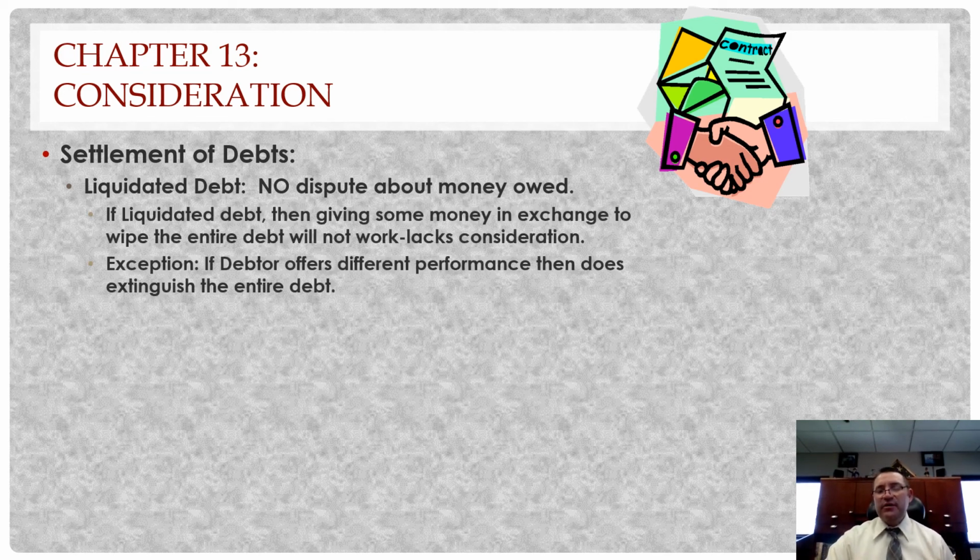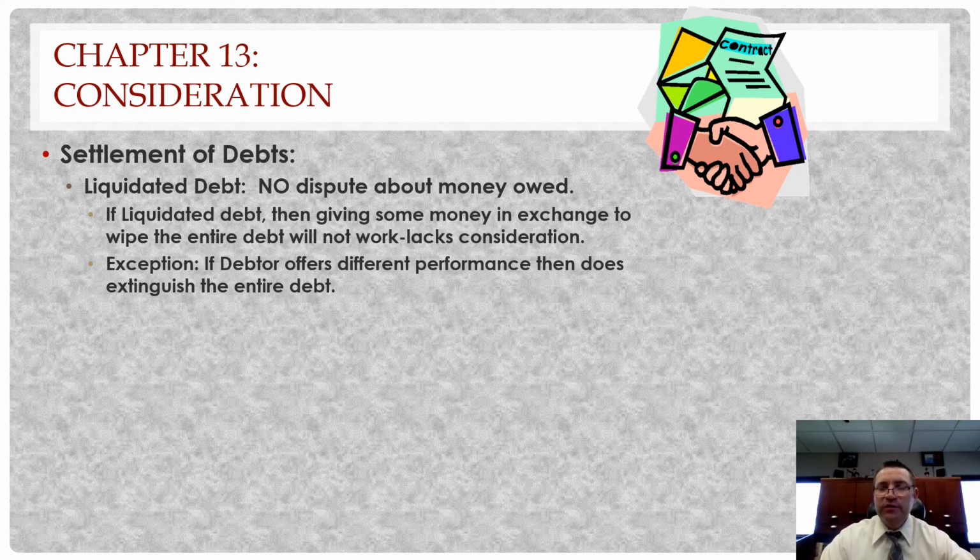This is where I talked earlier about situations in which the court will consider past consideration, debt, as a form of consideration for a new contract, right? So in liquidated debt, there's no dispute about the money owed. Remember we talked about the scenario where I have mowed the lawn. There is no issue at all. You owe me $80.